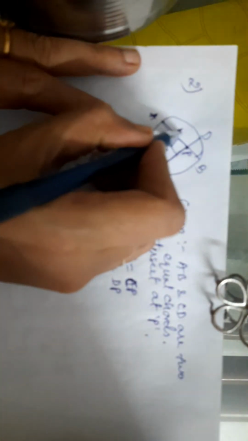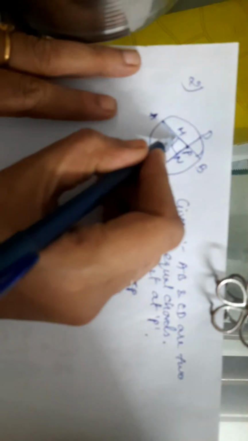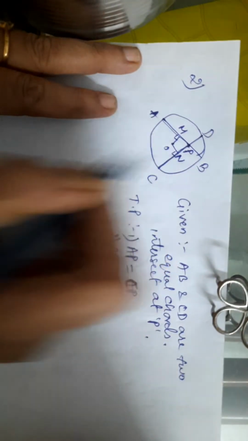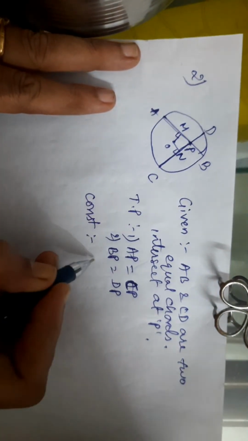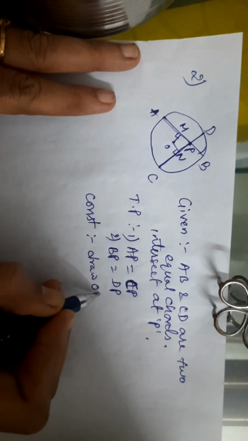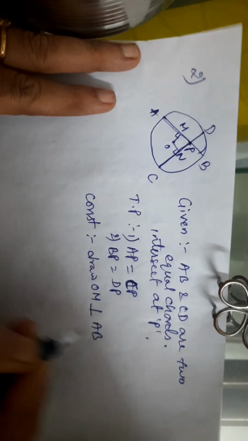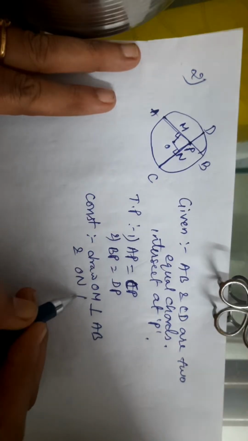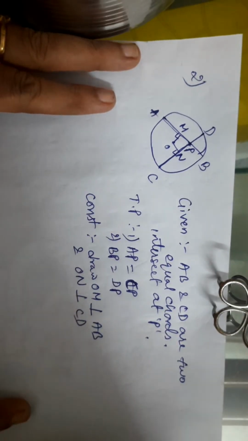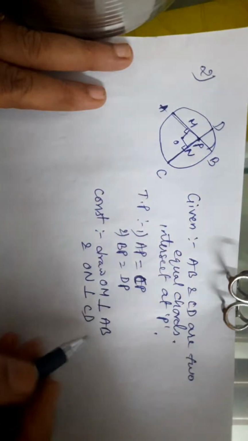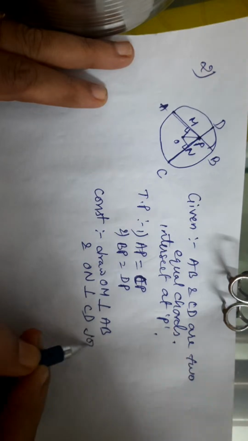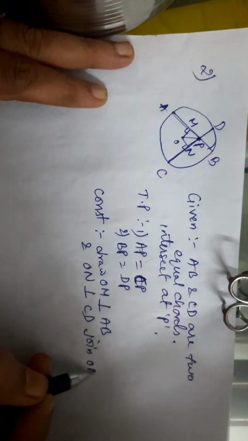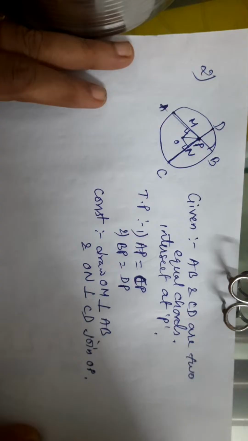Let M and N be the two points where the perpendiculars meet. In the construction, draw OM perpendicular to AB and ON perpendicular to CD, and then join OP. So we completed our construction part.